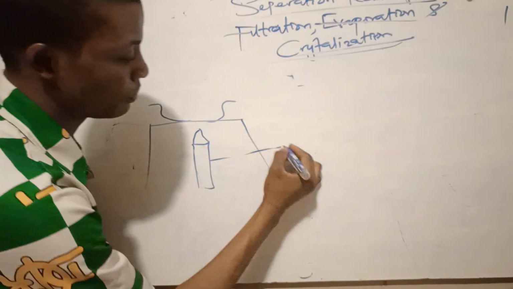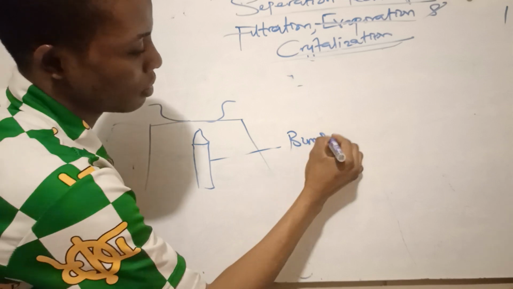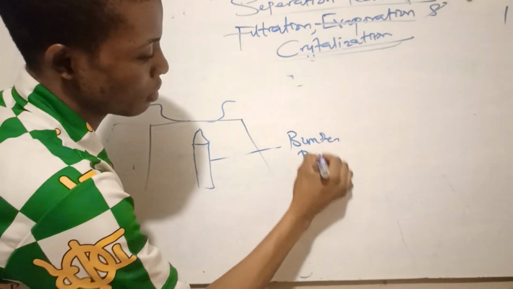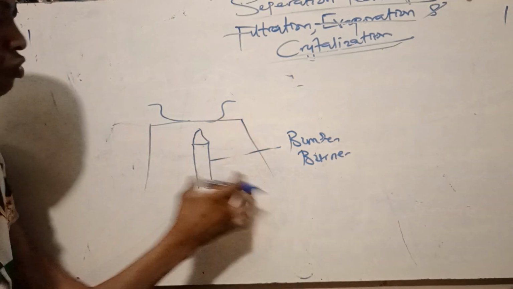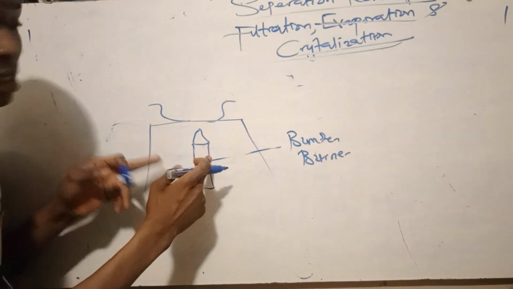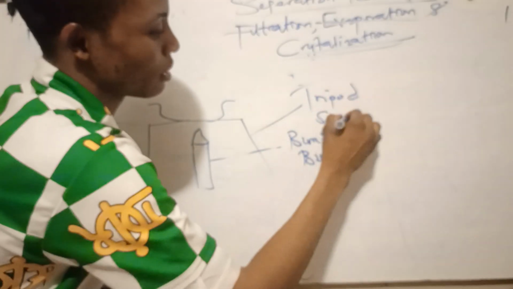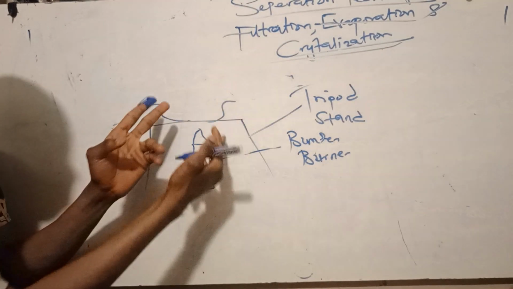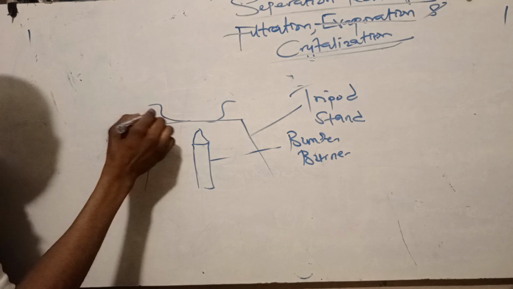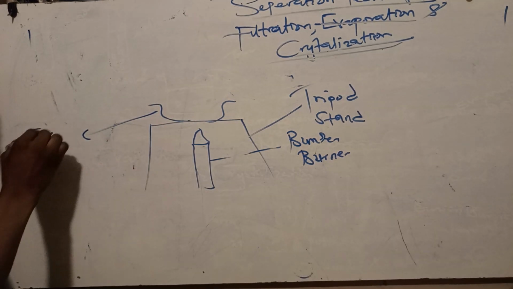We call this a Bunsen burner. The thing we use to hold the evaporating dish, we call it a tripod stand. And this dish that we use to boil the solution, we call it what? Evaporating dish.